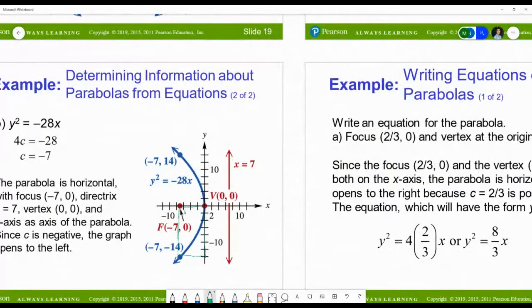What is the distance from here to here? C was -7, so from here to here was 14, and from here to here was also 14.